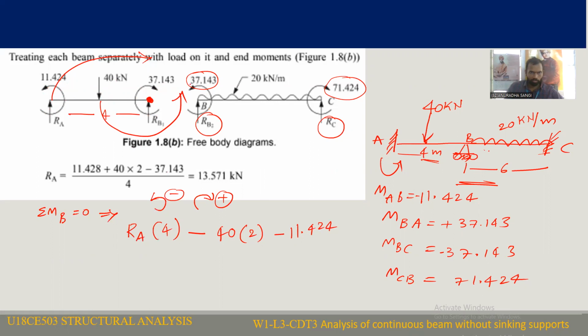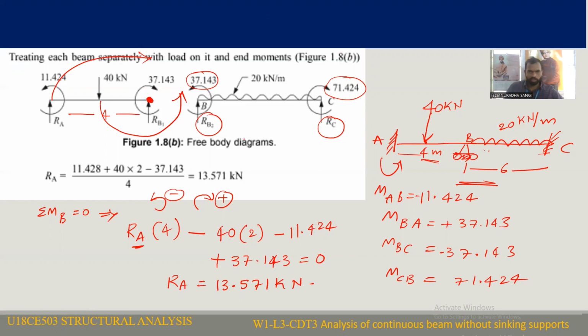And 37.143 is acting clockwise, that is positive, 37.143, equal to 0. If you solve for the RA value, you are going to get 13.571 kilonewton.